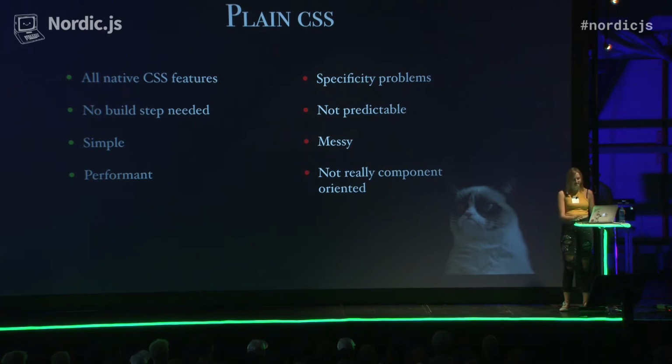And CSS, as you probably know, is global. It has global scope. So even if we try to manage our styles and attach CSS to every component on its own, we are still taking a risk of deleting some part of code, which will impact other part of our application. So yeah, for me, it's just a grumpy cat for plain CSS.